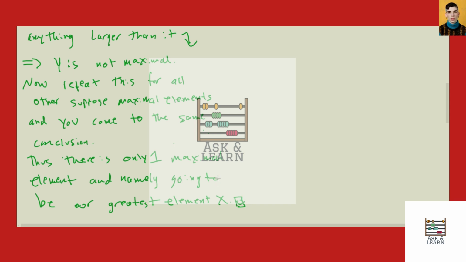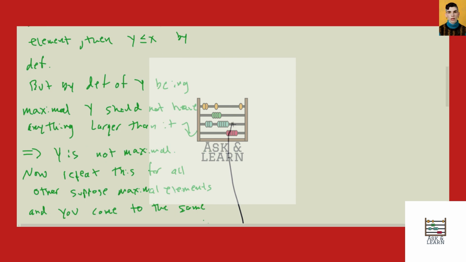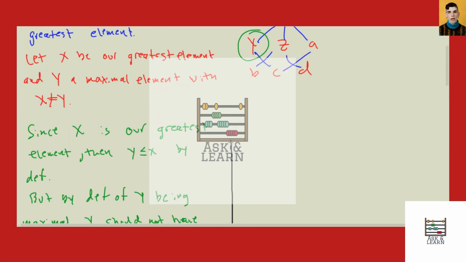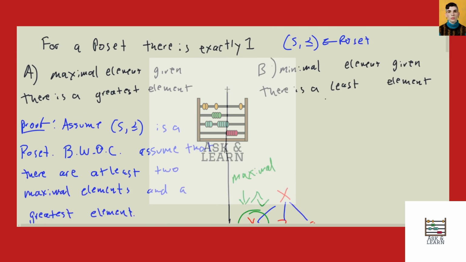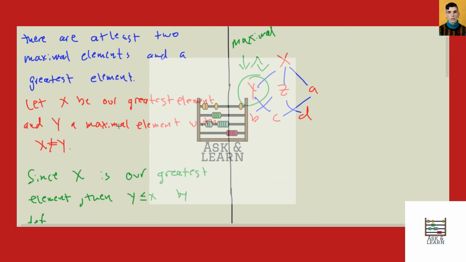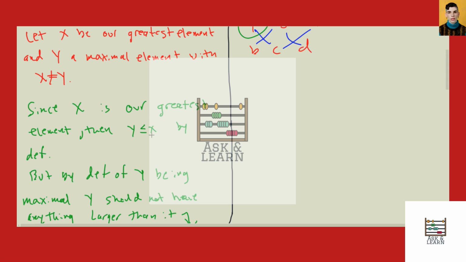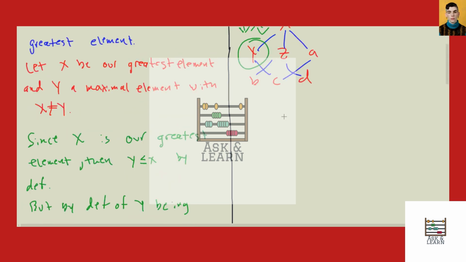Now for this next one, it's going to be the exact same logic. The only difference is instead of saying maximal, we're saying minimal. Instead of greatest, we're saying least. And instead of x being on the right, it's going to be on the left.